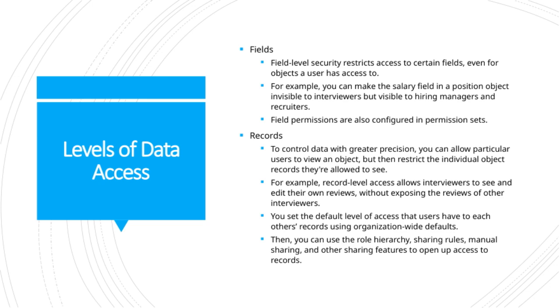From there, we can refine access further using role hierarchies, sharing rules, manual sharing, and other sharing features to open up access where needed. Finally, understanding levels of data access is key. It's about balancing security with usability by choosing the right level of visibility for each user, depending on their role and needs. This layered approach helps us protect sensitive data while still enabling productivity and collaboration across teams.